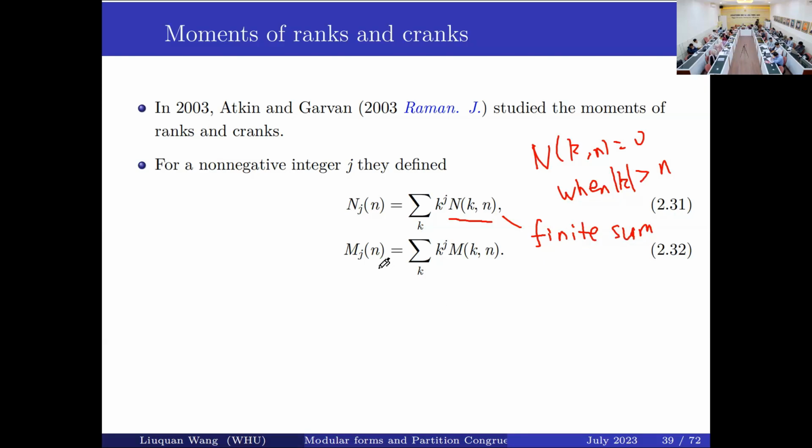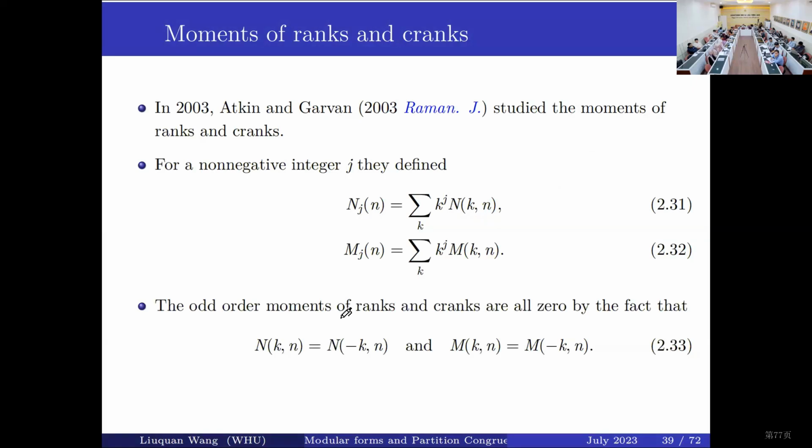And similarly, we use capital M_j(n) to denote the jth moment of the crank function. Then a simple fact is that since the rank function is an even function with respect to k, and the crank function is also an even function with respect to k, all the odd order moments of ranks or cranks are 0.